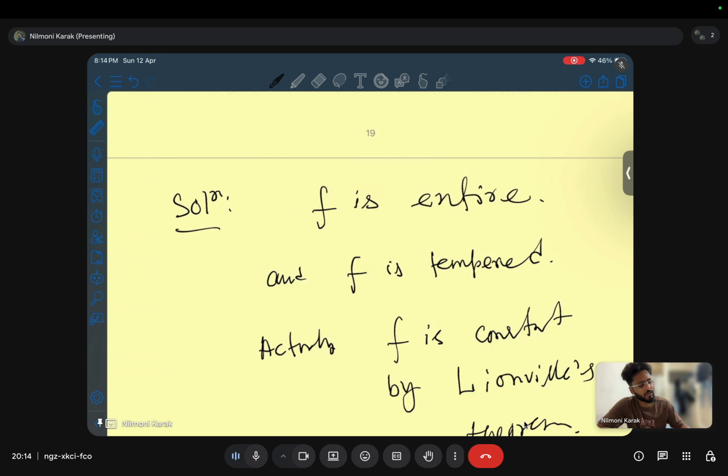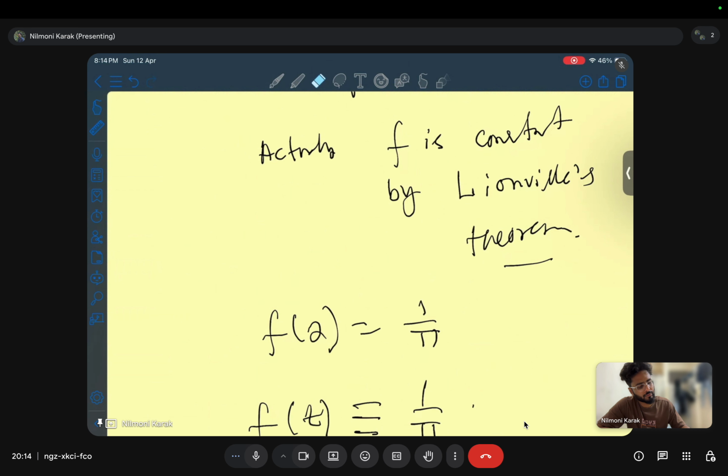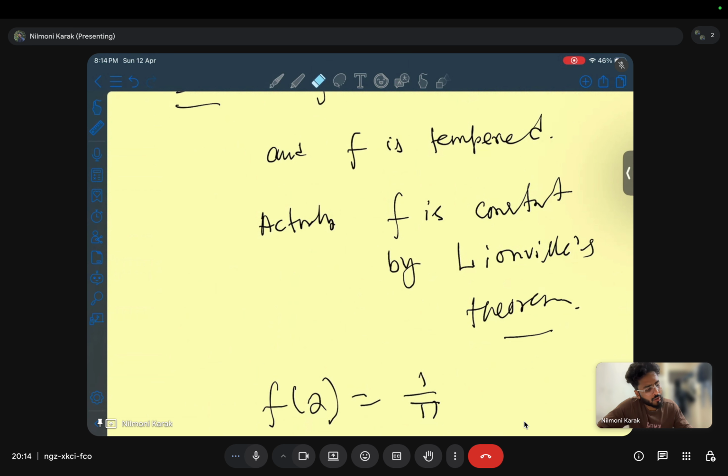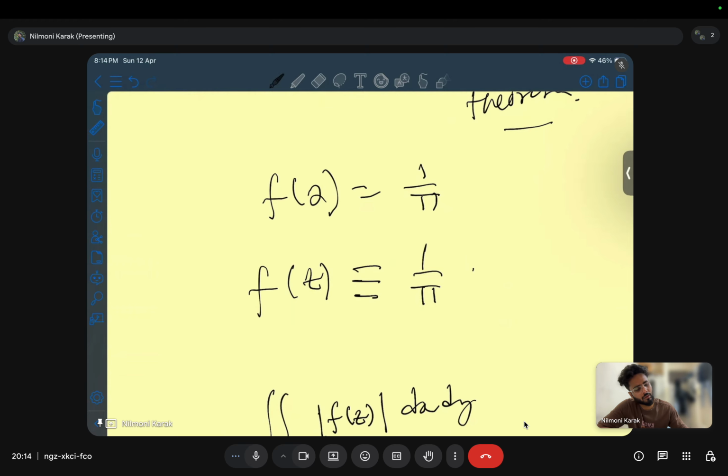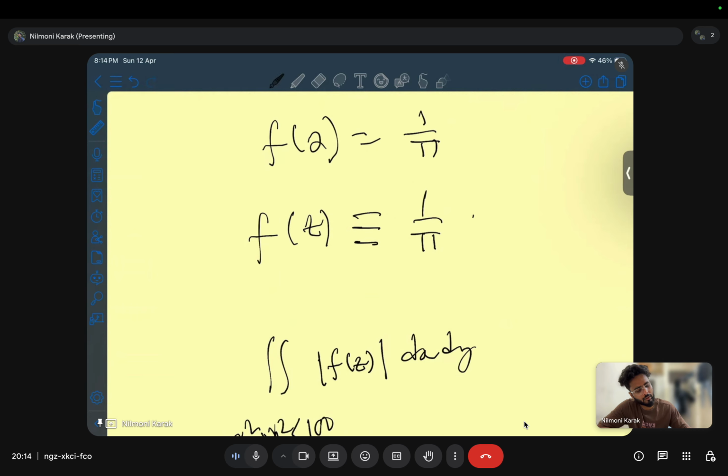Actually, yeah, this is tempered. So on R, this f of x is bounded. So this is f of x.